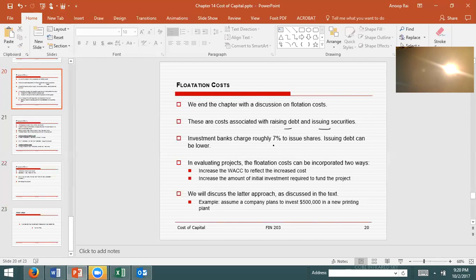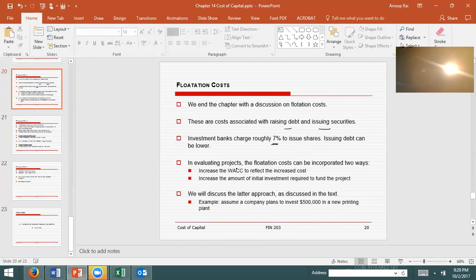So, for example, in terms of issuing stocks, 7% is not unusual, and debt, of course, is much lower. And now, with online fundraising, etc., the costs have come down, but still, if you want to go for high-powered companies, they're not going to back down on their prices.